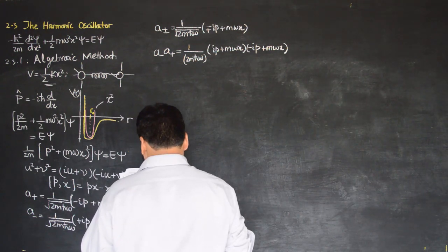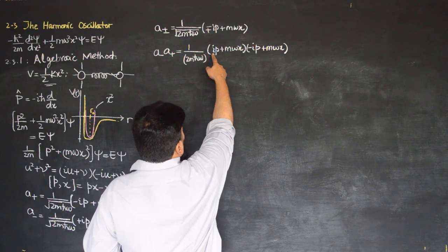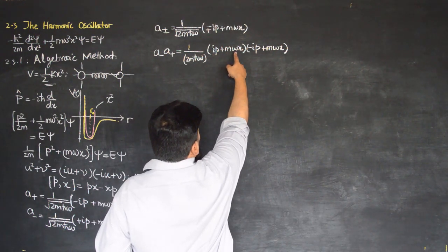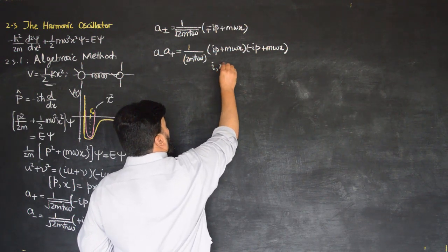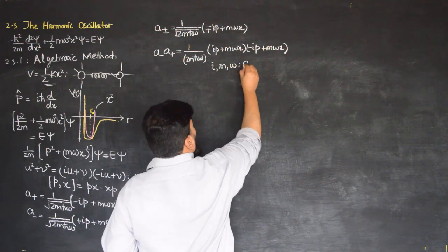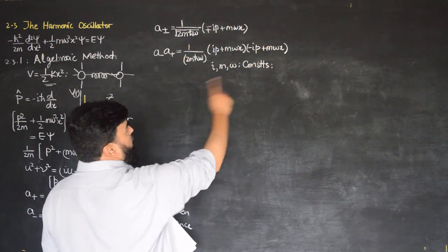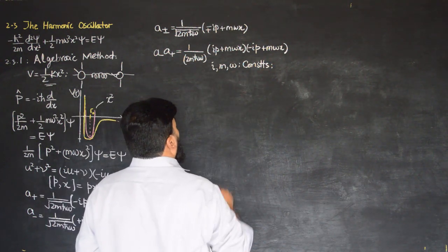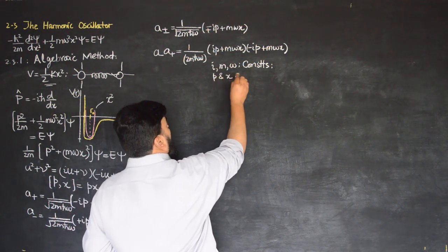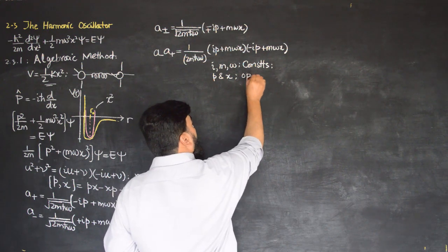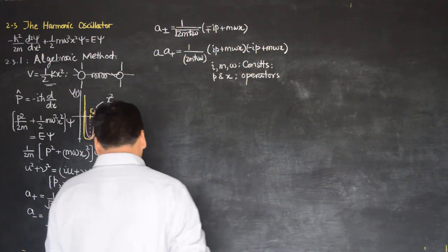Now let's multiply them. As we know here, i, m and omega are constants, and we can shuffle them here and there, while p and x are operators, so we cannot shuffle their orders.